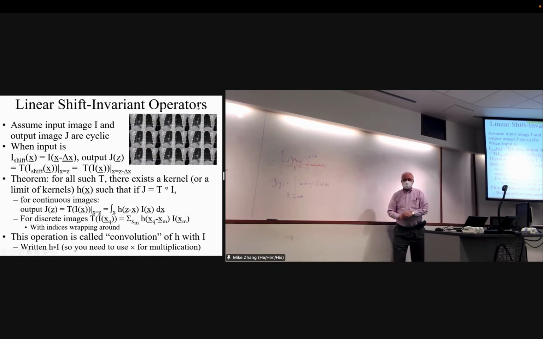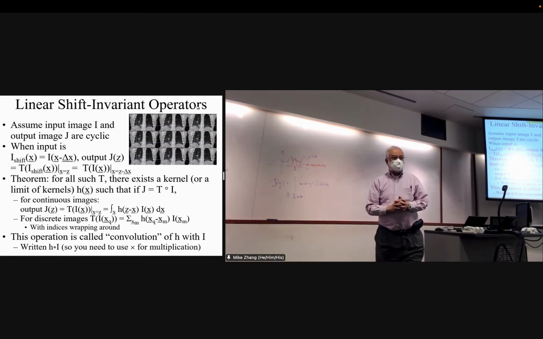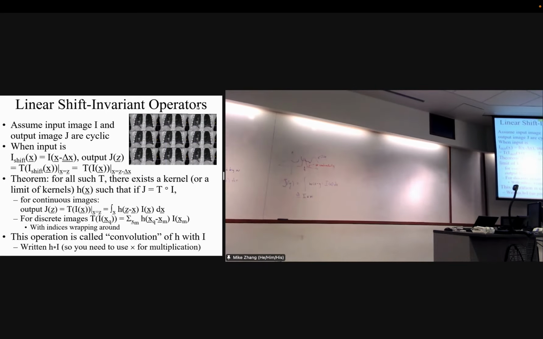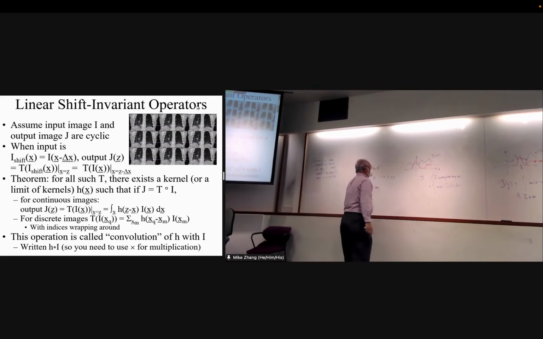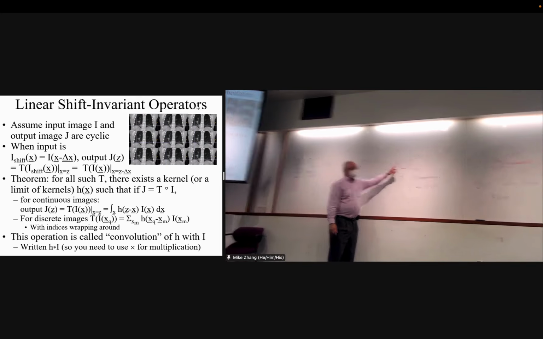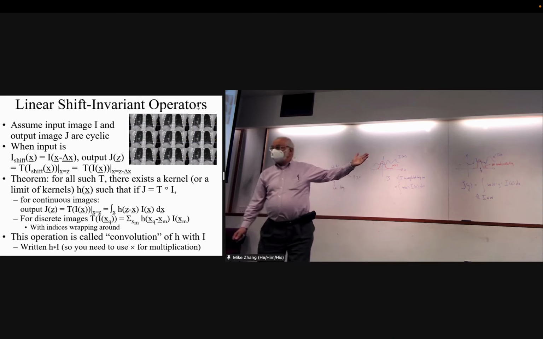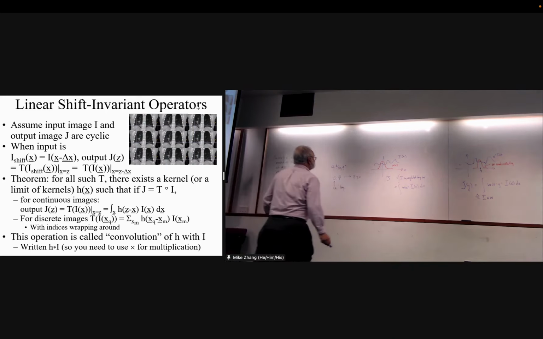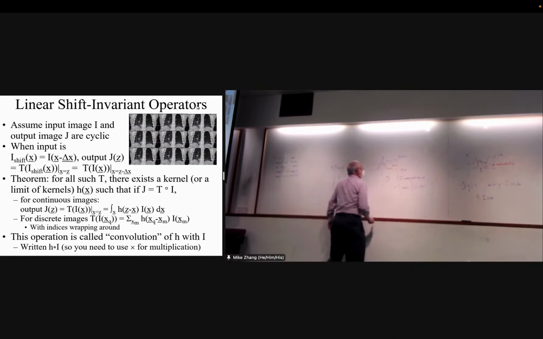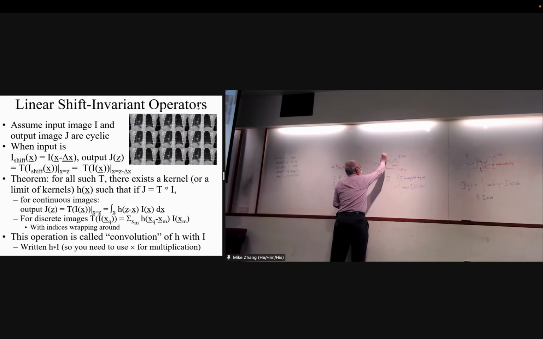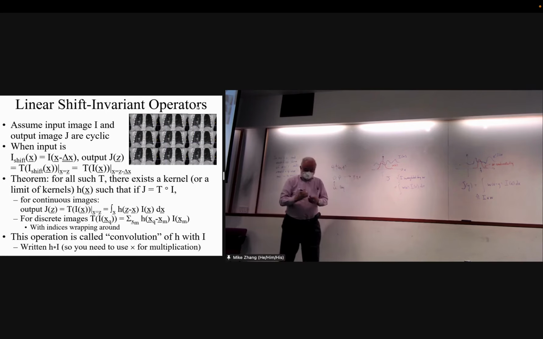Okay, so now we're going to talk about linear shift invariant operators and how we compute with them. Well, in order to understand them, I want you to understand the idea of there is an image. In one dimension, there's this blue function, and a weighting function, which need not be positive.